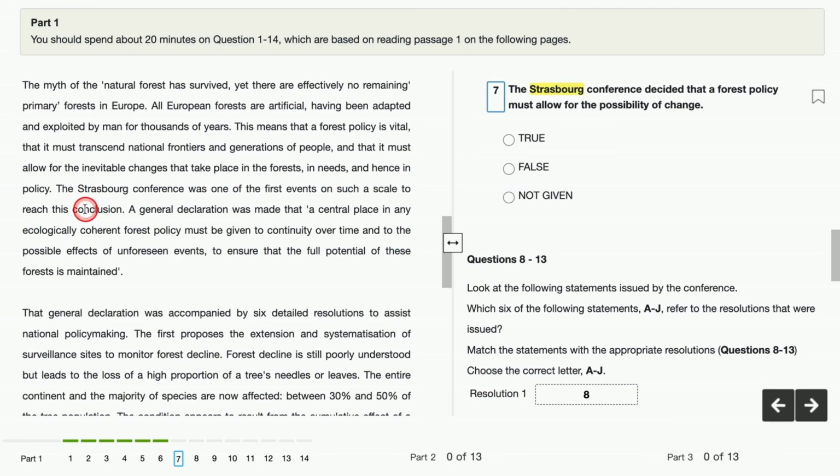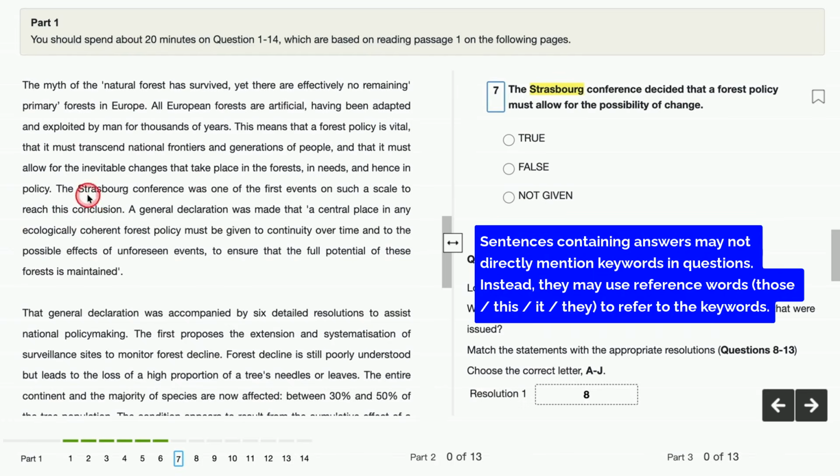What does this conclusion refer to? We need to find out what this conclusion refers to because, as I said many times, sometimes the sentence that contains the answer doesn't directly mention the keywords in the question. It sometimes uses reference words like it, they, or this to refer to the keywords.